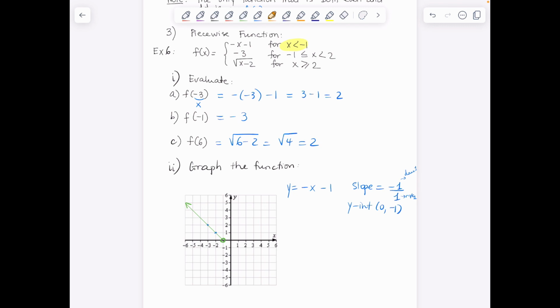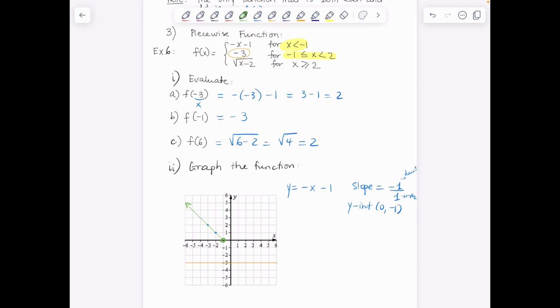Second piece of the graph, we have f of x is equal to -3. When you have y is equal to a constant, you should expect a horizontal line. So this horizontal line will go like this. But where is it bounded? It's bounded between -1 to 2.